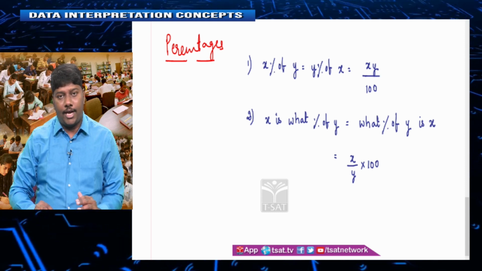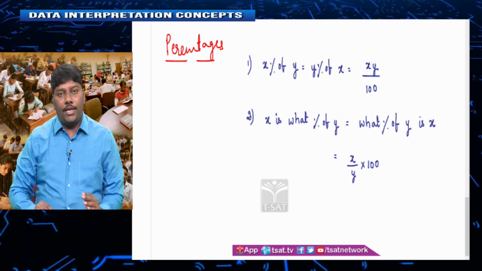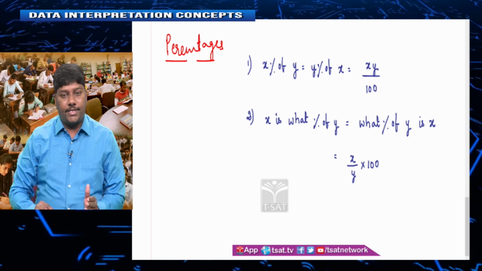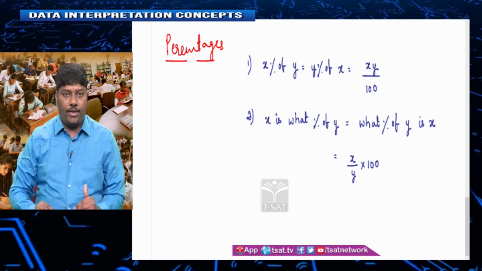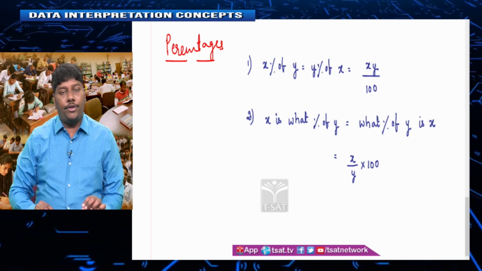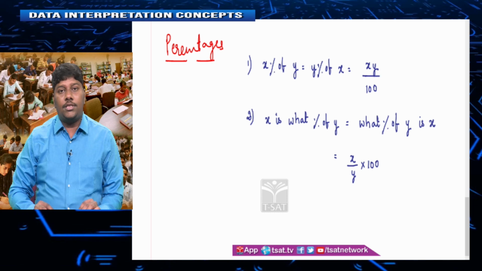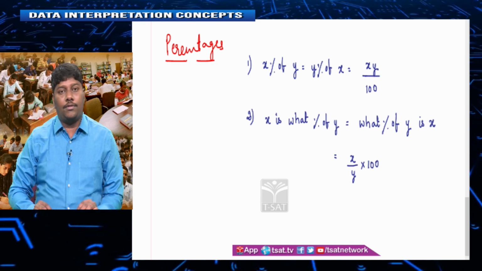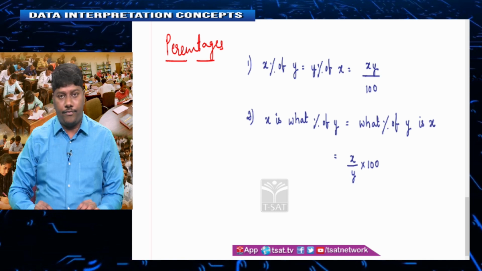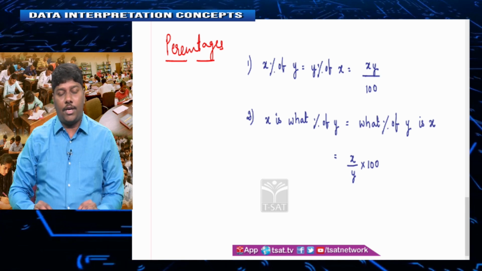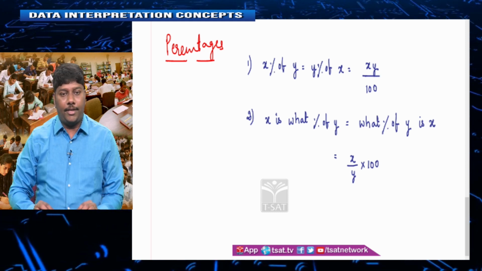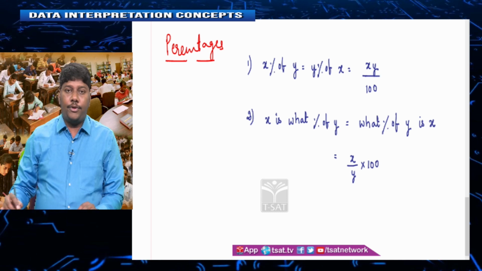In terms of percentage, when they compare one value with the other, you can always use this formula: X is what percent of Y, or else what percent of Y is X. The second one they may also ask: what percentage of the cars produced in 2020 is equal to the cars produced in 2015? So here X is nothing but the cars produced in 2015, and Y is the cars produced in 2020. This 2015 and 2020 is purely an assumption.